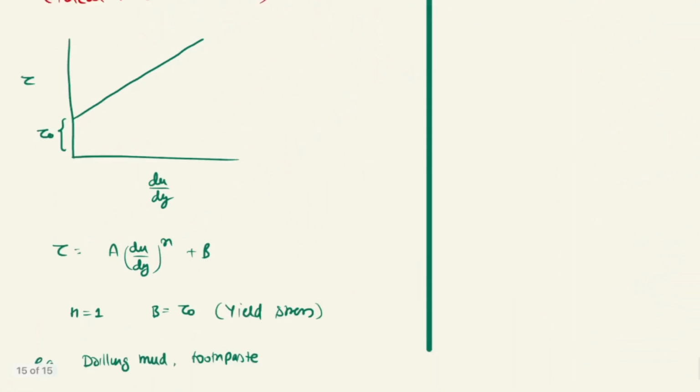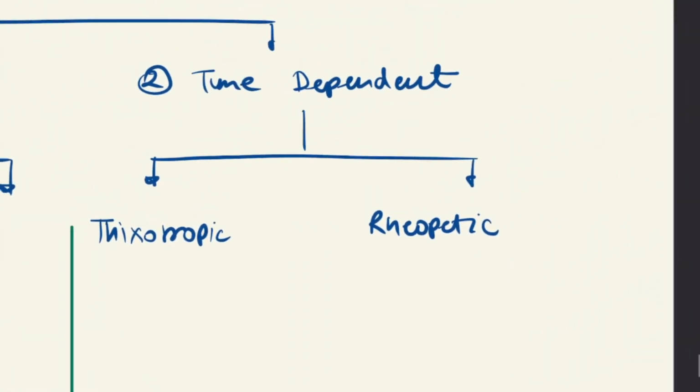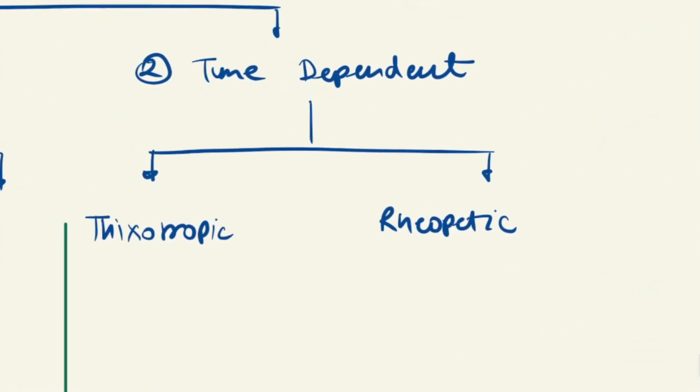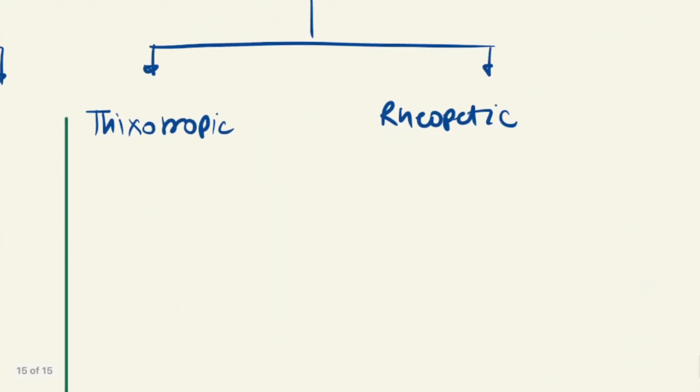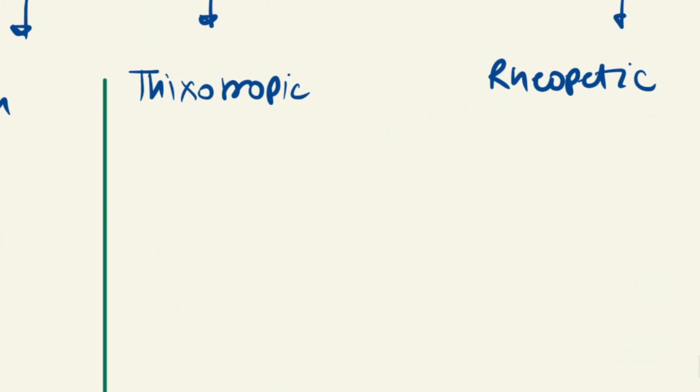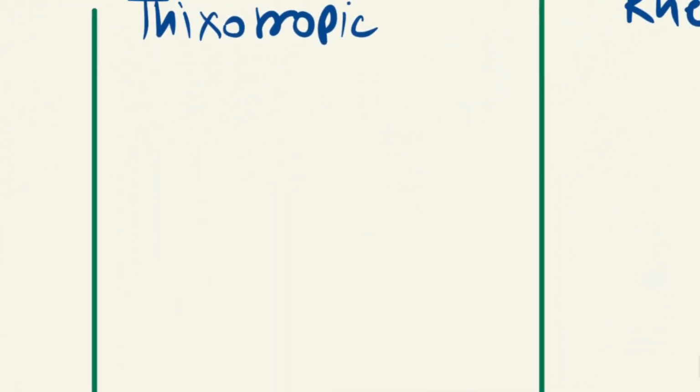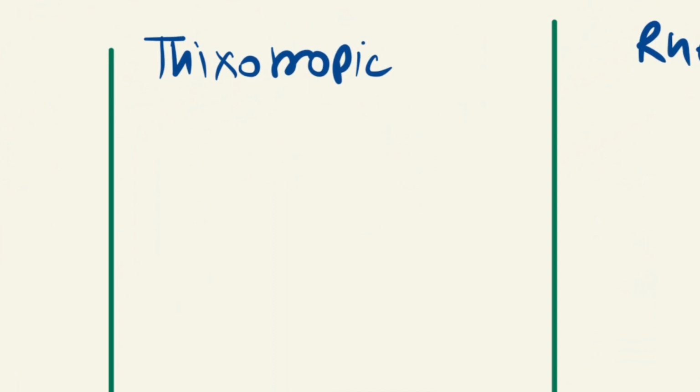Next, we are approaching time dependent fluids. They are categorized into two: thixotropic and rheopectic. Here, the mu apparent value changes with respect to time under a given shear rate. So, let's see the graph of thixotropic fluids.